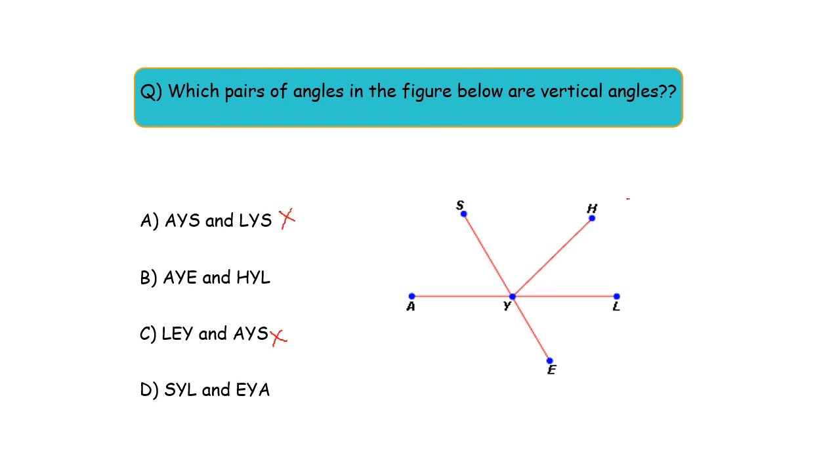Now consider only the second answer, AYE. They are talking about this angle, and HYL. They are also not vertically opposite. They are not equal. So this is also wrong. Now finally, let me change the color to green. SYL.